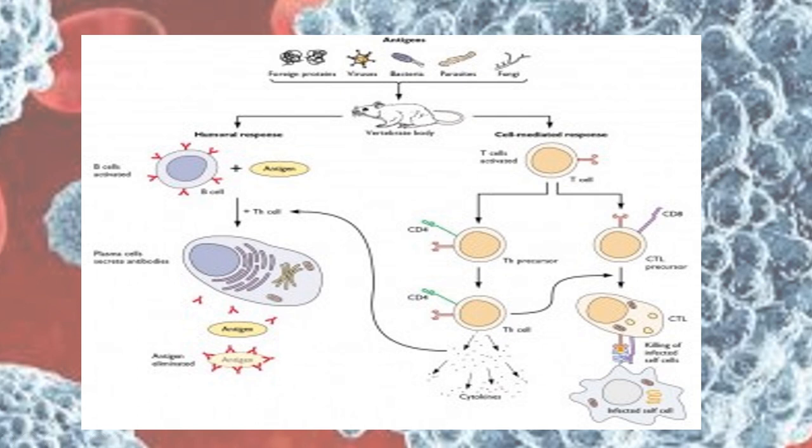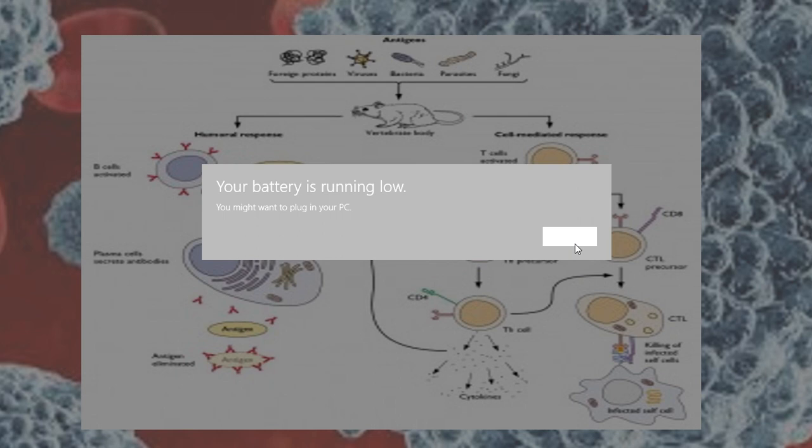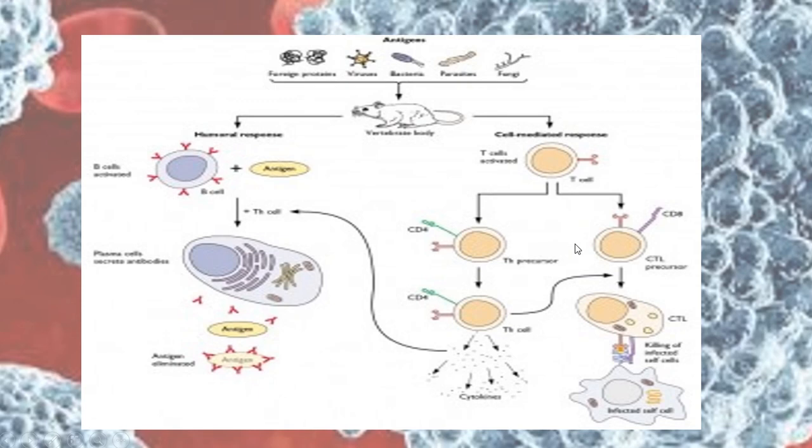The CD4 cells, the T4 cells I mean, are responsible for secreting cytokines, which are called interleukins. These interleukins are of two types: the interleukins of type 4, which will activate the B lymphocytes to secrete antibodies to get rid of the antigens.